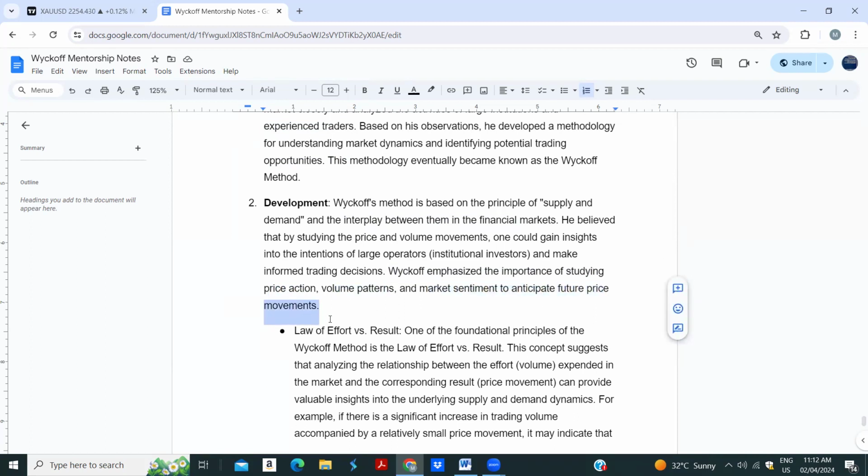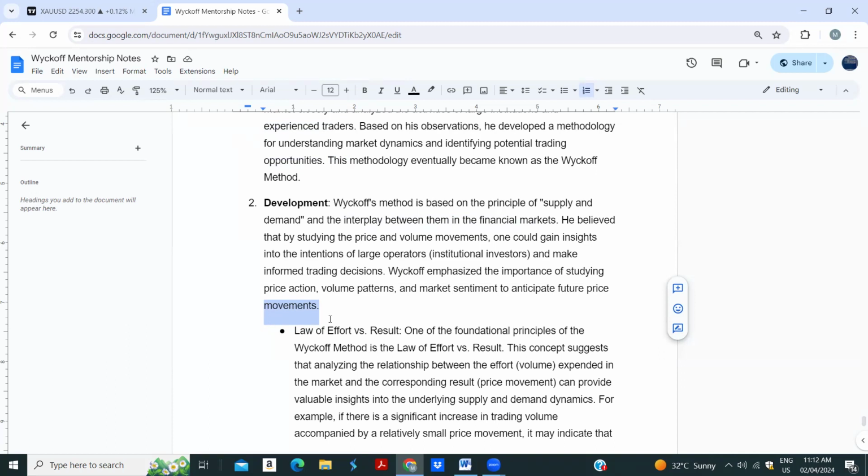So I will just tell you briefly. The Wyckoff method is laid on the foundation of supply and demand dynamics, and the interplay between supply and demand within the landscape of financial markets. Wyckoff studied the behavior of price and volume movements, and particularly the relationship between price and volume.